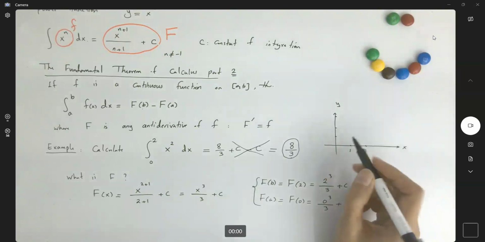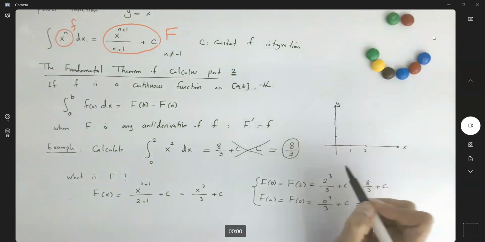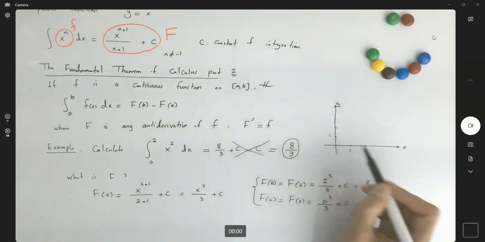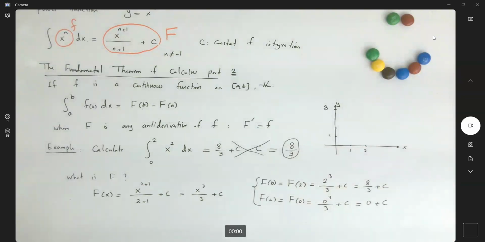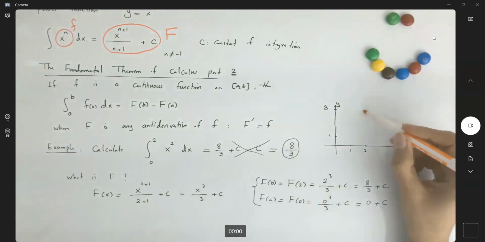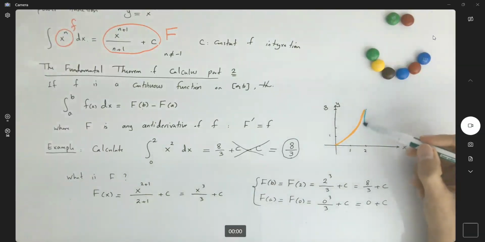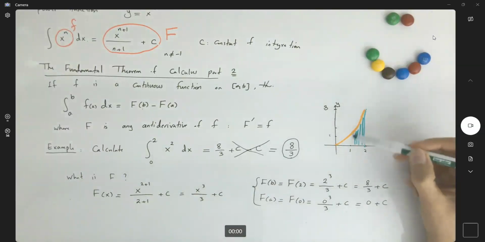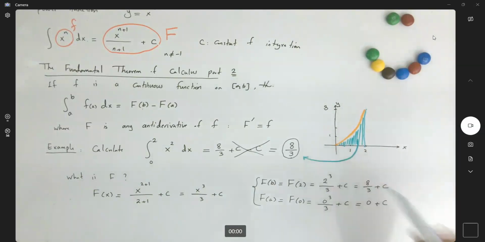And 2. I'm going to increase this. So suppose this is your 1 and then this is your 8, for example. So this is the graph of your function, and your x is bounded between 0 and 2. So you're actually calculating this area below the graph, which is equal to 8/3.